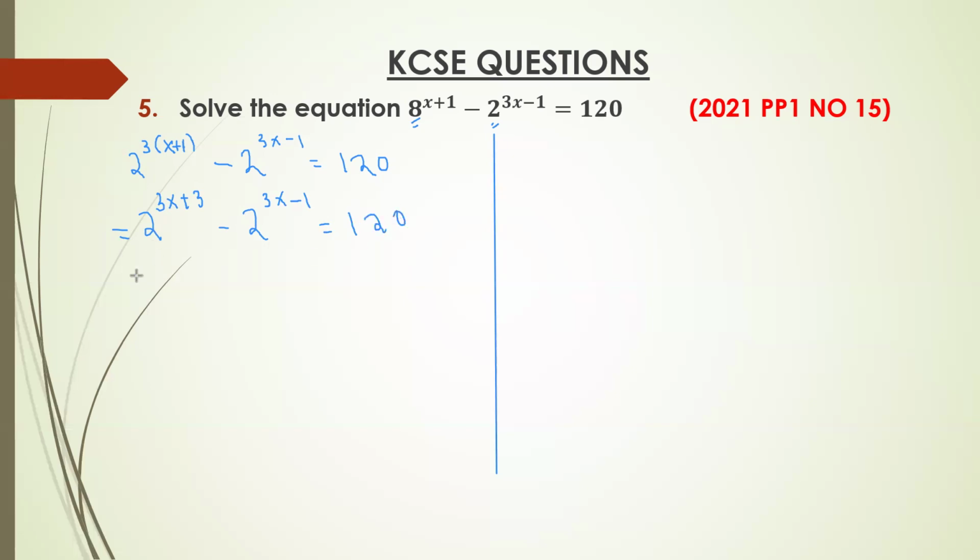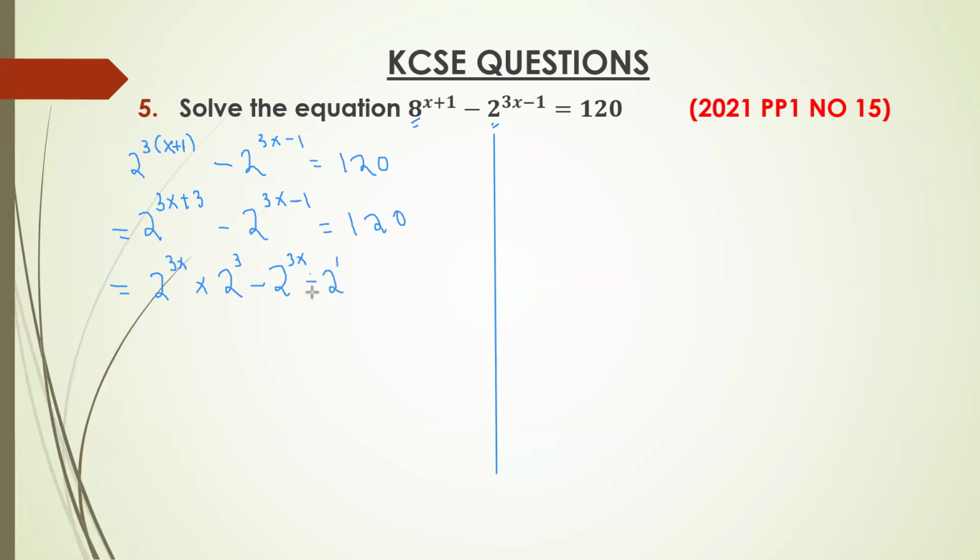Sawa. Haya, baada hapa utazivunja kama kawaida kama tulivyofanya last question. So itakuwa 2 power 3x times 2 power 3 minus, hapa pia utavunja kama ni subtraction. Ona hapa power ni 3x minus 1, maanisha ilikuwa division once. So utachukua 2 power 3x divide by 2 power 1, si negative.